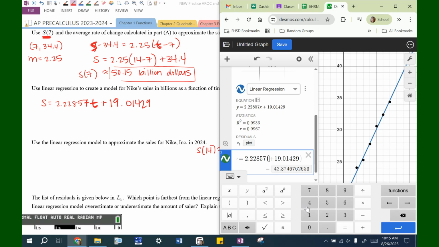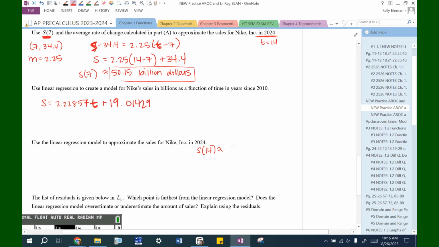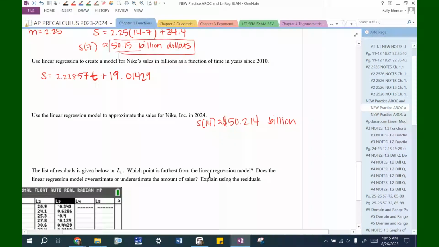What did I say? 14. And that gives me 50.214. And again, that would be billions of dollars. Pretty close to what this answer was as well. So they're a bit off, but pretty close.